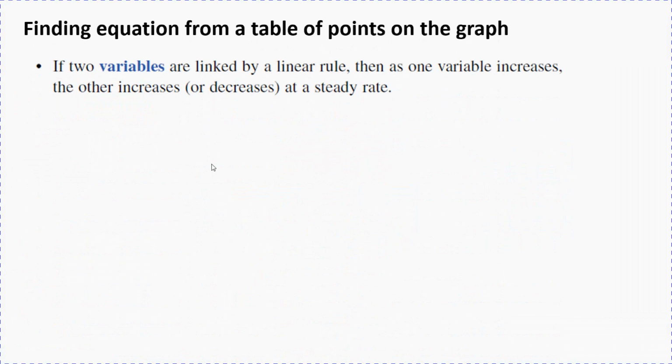Okay, when you are ready: if two variables are linked by a linear rule, then as one variable increases, the other variable either increases or decreases at a steady rate. The key here is the phrase steady rate.